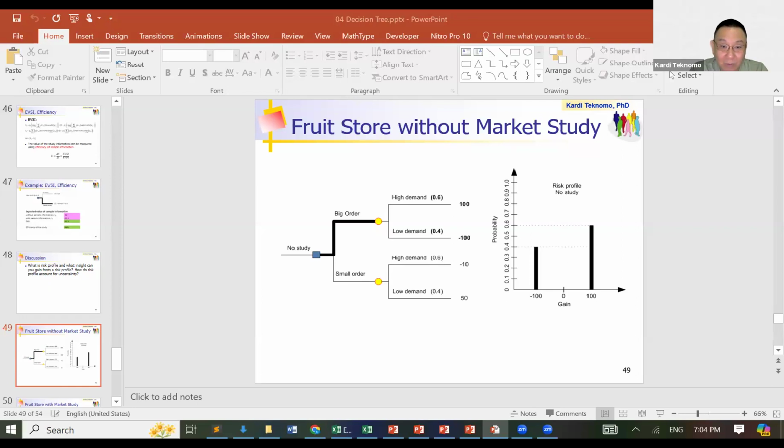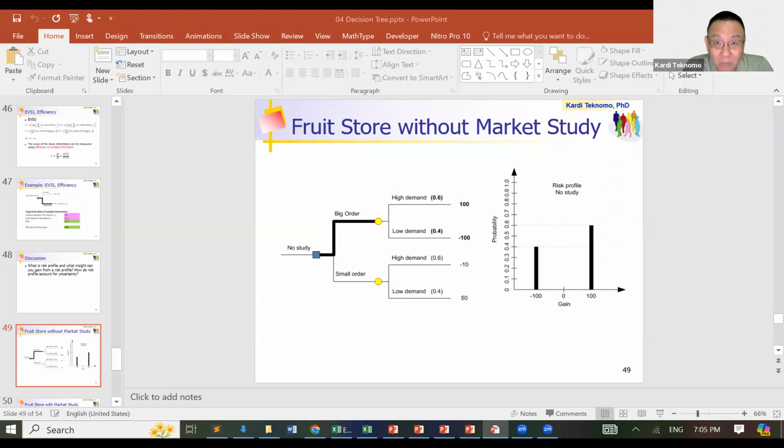We have the result of big order, high demand is 0.6 and low demand is 0.4 probability, and these are the values, 100 and minus 100. So this is the one that we plot here.